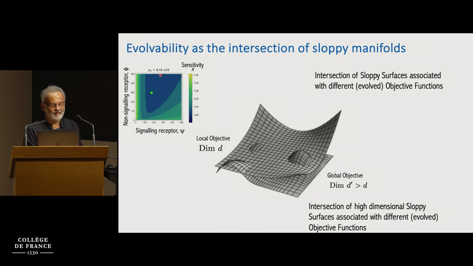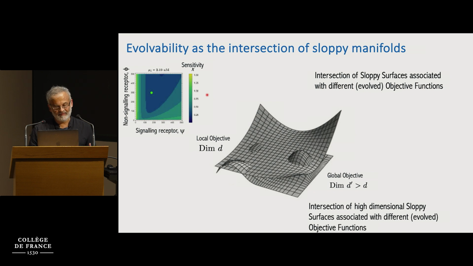But if I ask where in this space the global optimization lies, it's in the green line. So the local optimization is very different from the global optimization. That's the point. And each of these optimizations has its own sloppy manifolds.